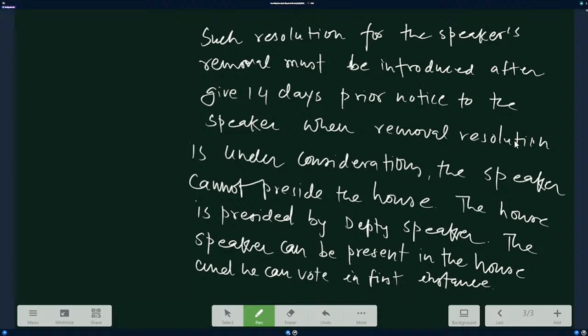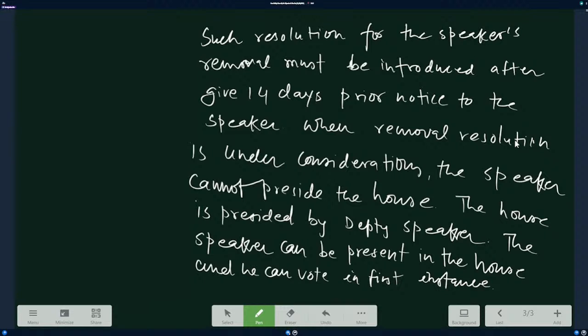But whenever my removal resolution is under consideration in the house, I cannot preside and I cannot vote in case of a tie. I would be like a simple member of the Lok Sabha. I can vote on first instance, like other Lok Sabha members are doing.